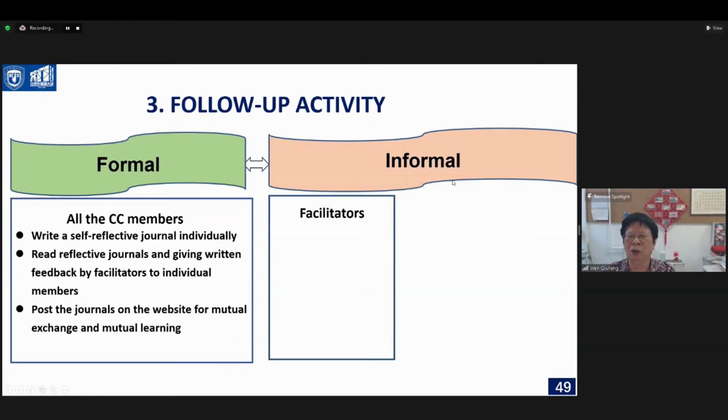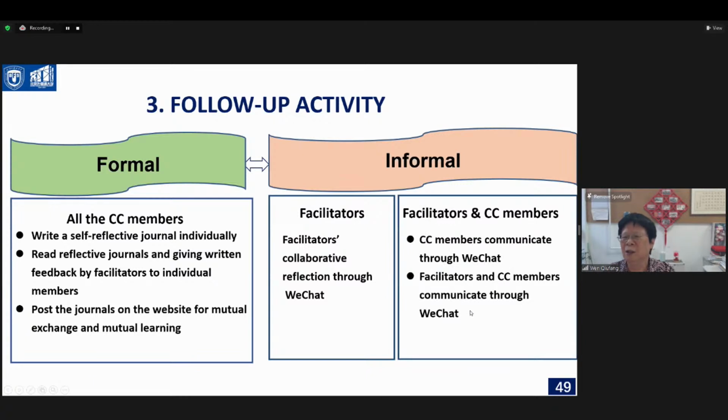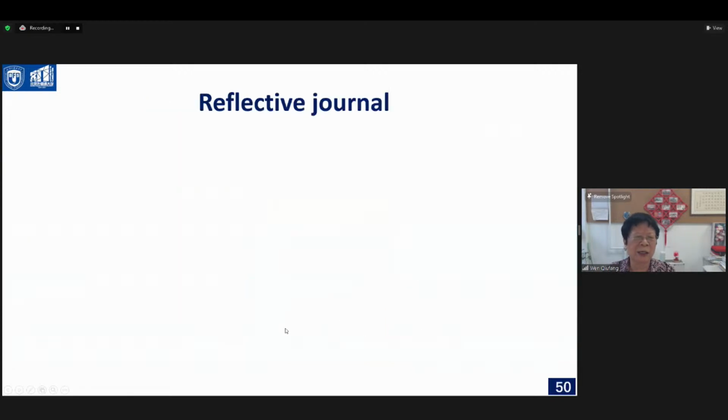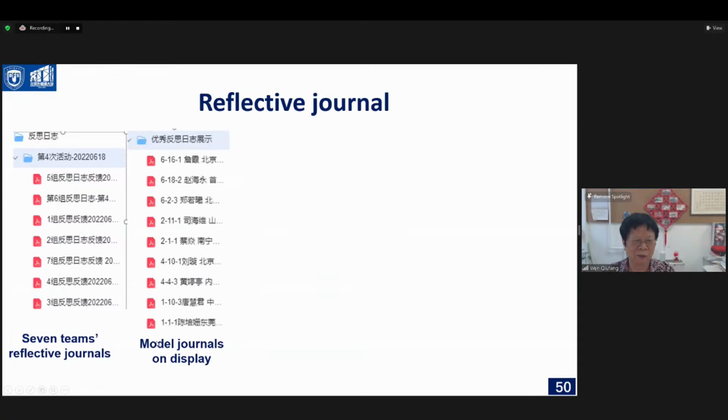For the informal one, the facilitators will also have a collective reflection through WeChat, and the facilitators and CC members will have communication through WeChat.